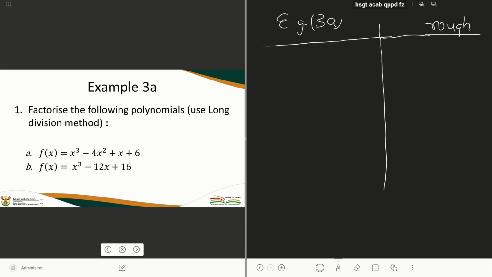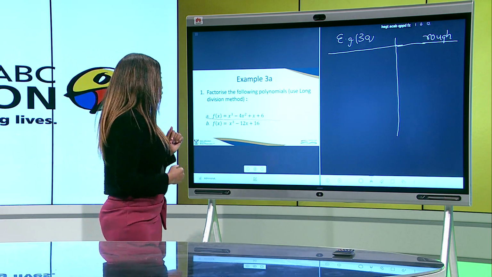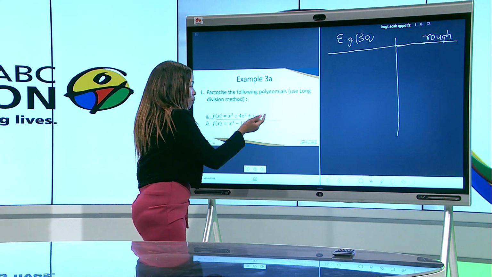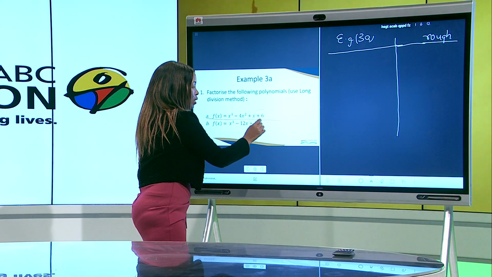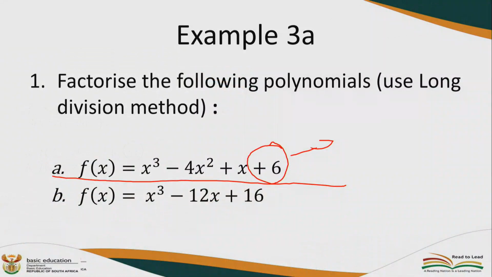Now, let's look at the first equation in A. Remember we said we need to find all the possible factors of our constant term. In this case, what is our constant term here? Our constant term is +6. So what are the factors of this +6? Remember, from grade 9, we know that a factor is a number that can divide exactly into another number without leaving any remainder.